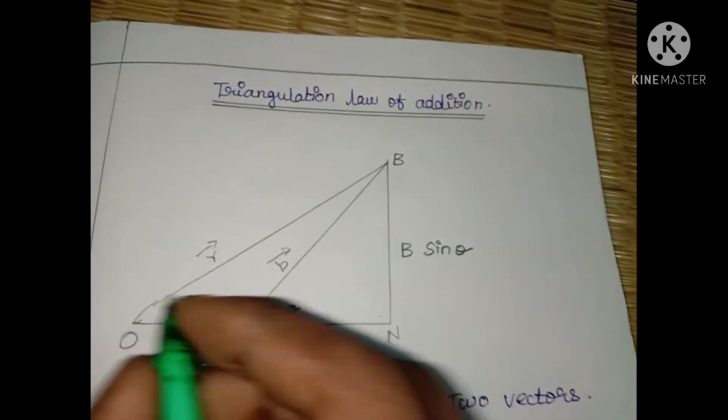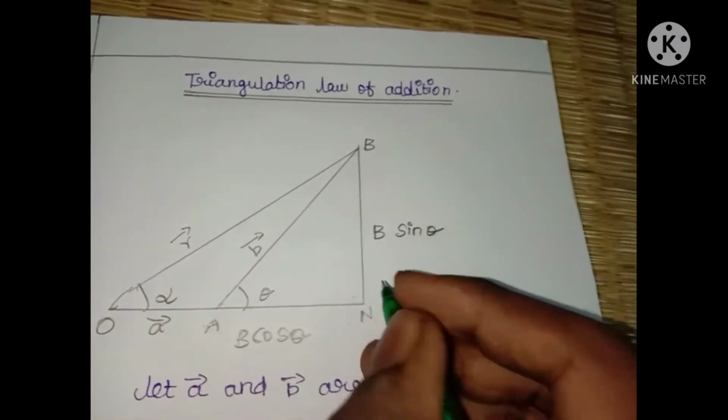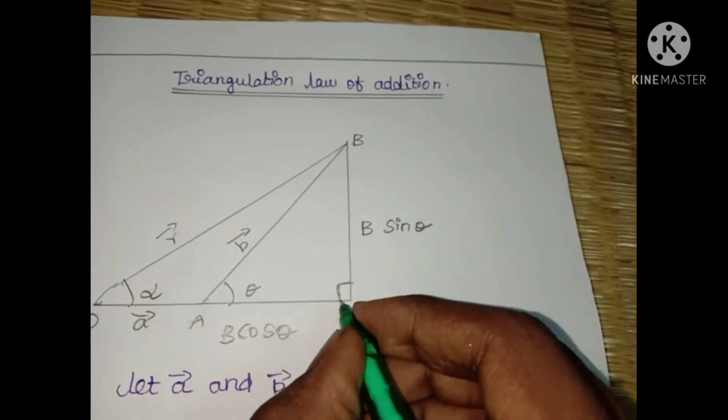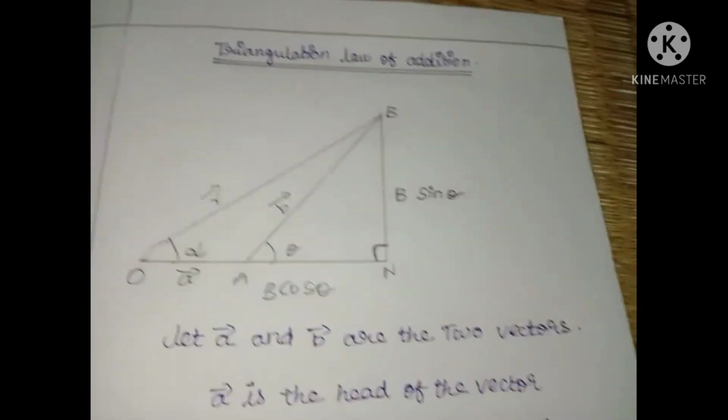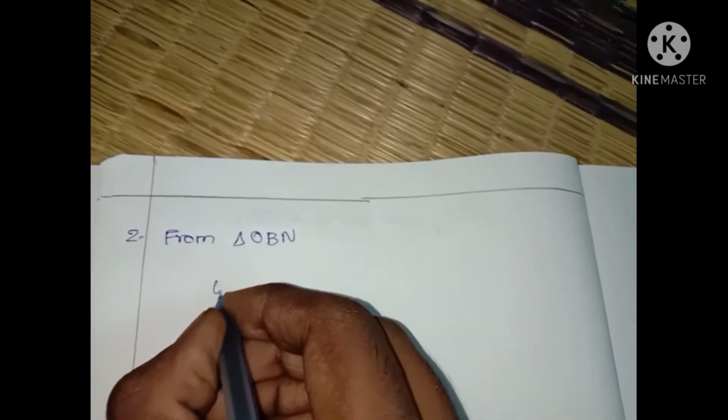This is theta, this is alpha, and this is the angle. Next we find the full triangle. Second, from triangle OBN, in this triangle we are using the Pythagoras theorem.